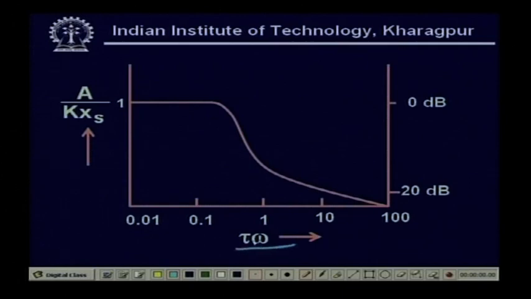Instead of omega, we have plotted omega tau. We want to make it unitless, that is the reason. Omega is in radian per second, tau is in seconds, so it is dimensionless.